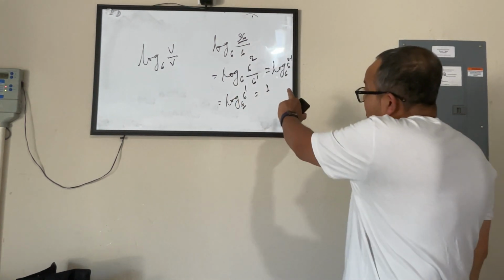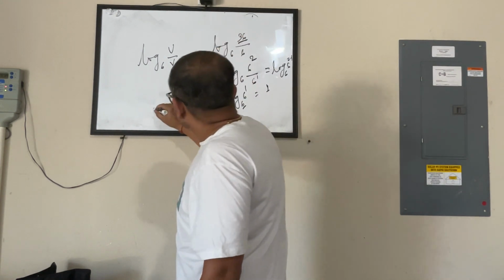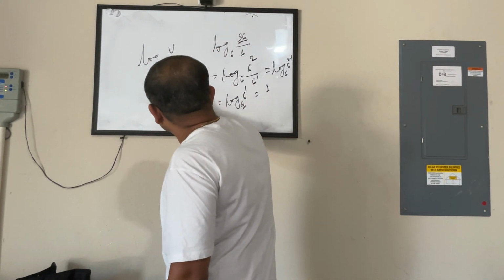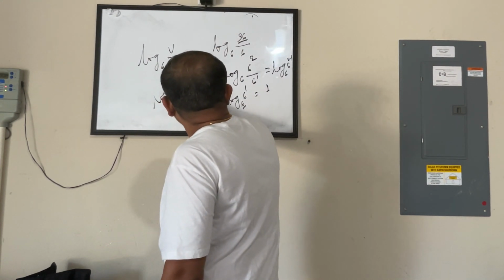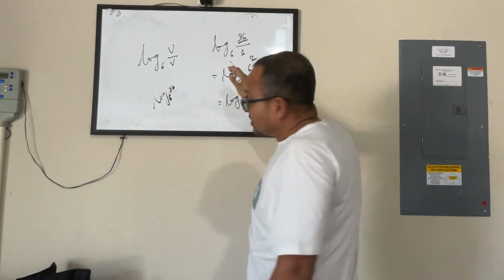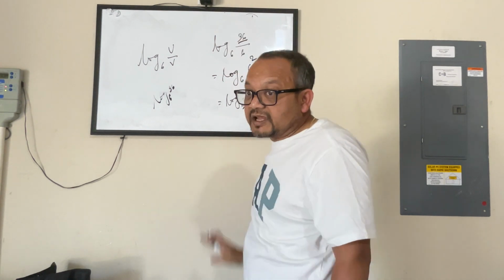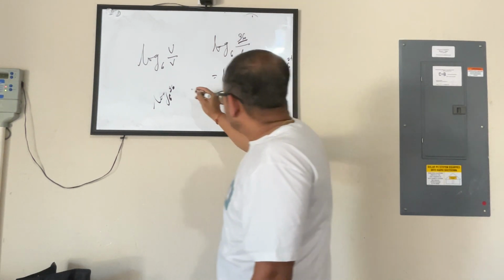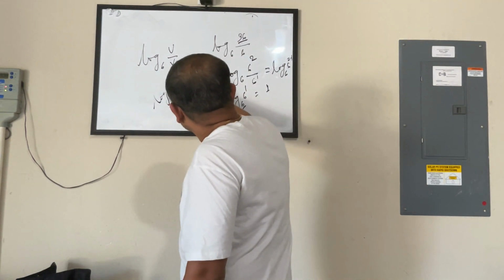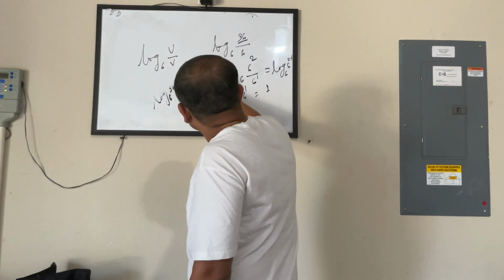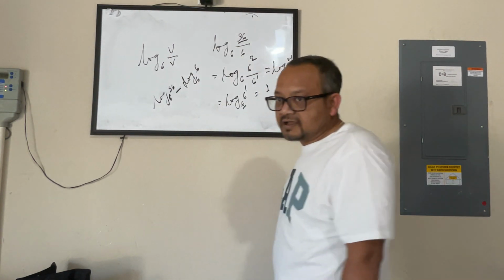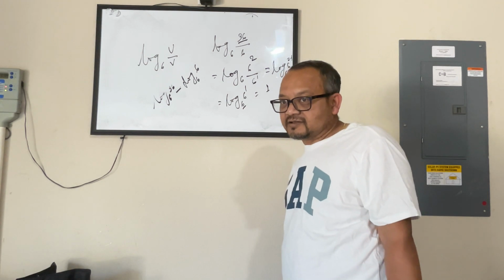Now if you look at it a little differently, log of 36, see this is division, so I can play with this, since I am dealing only with the power. It's like an exponent thing. I can do it like this also, and you will find the same answer actually.